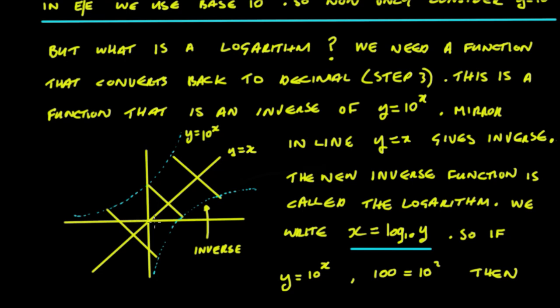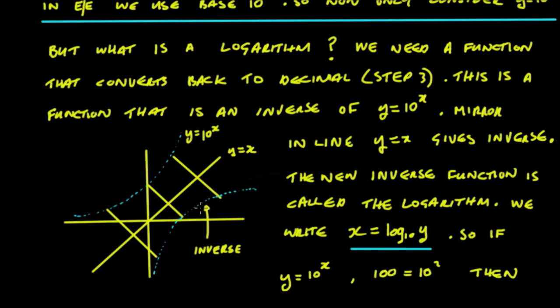Okay, you can see that there, because if a function takes x to y, an inverse function will take y to x. Okay, so in order to get the inverse function, we just swap over our y's and our x's, and we do that by mapping through this line y equals x. So that's an inverse function of this y equals 10 to the x.